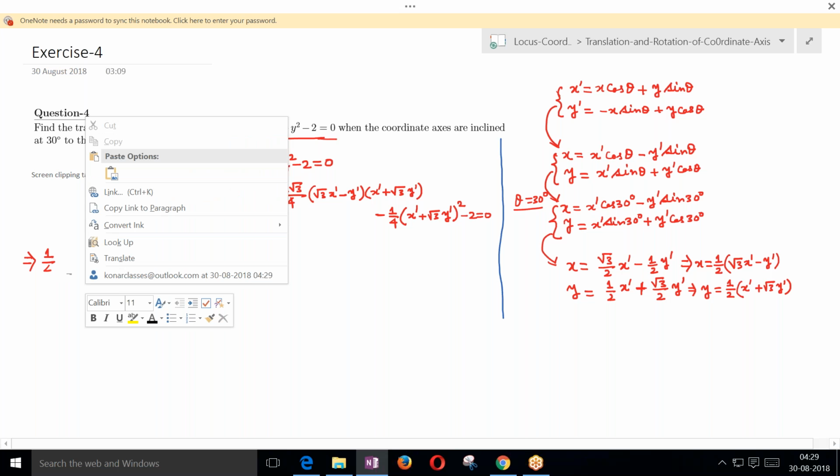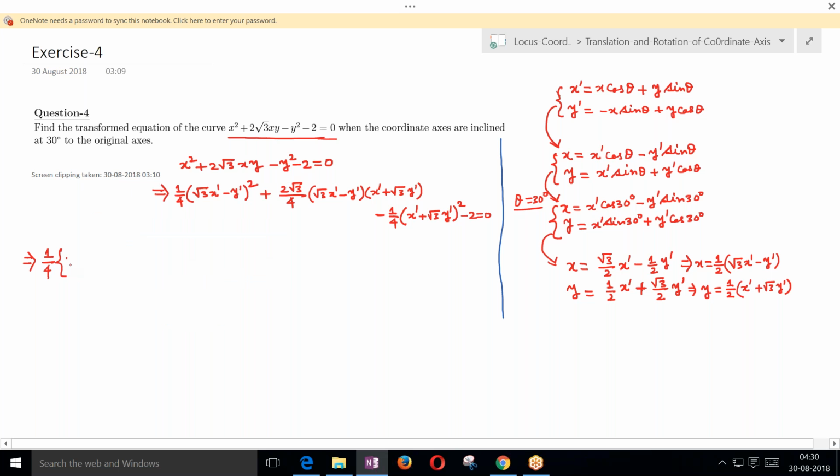So it is 1 by 4, then 3 x dash square plus y dash square minus 2 into root 3 into x dash into y dash, minus x dash square, minus 3 y dash square, minus 2 into root 3 into x dash into y dash, and then plus 2 into root 3 into root 3 x dash square plus 3 into x dash into y dash minus x dash into y dash minus root 3 into y dash square minus 8.